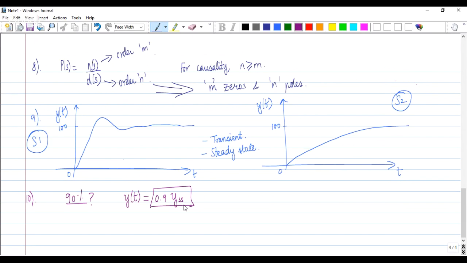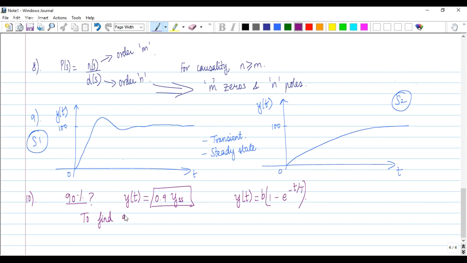So for example, just to illustrate, let's say the unit step response of a standard first order system with a gain, we got it to be this. Suppose you are interested in 90% settling time.